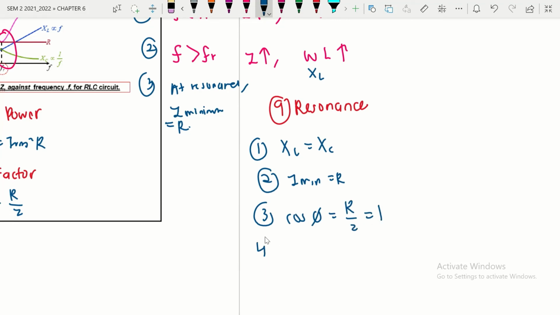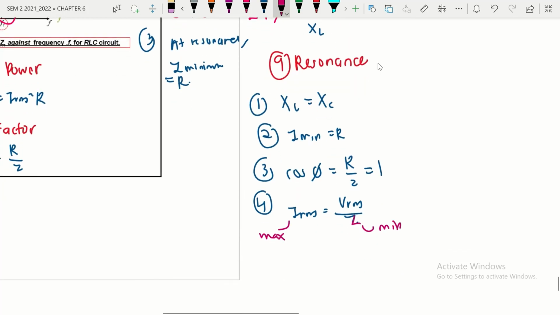And then yang keempat adalah I RMS equals to V RMS bahagi dengan Z, di mana I RMS you adalah maximum tapi Z you ni adalah minimum. And the next one kita akan ada formula lah untuk frequency at resonance, which is 1 over 2 pi square root inductor darab dengan capacitor.